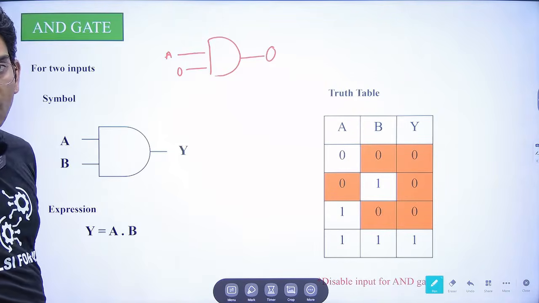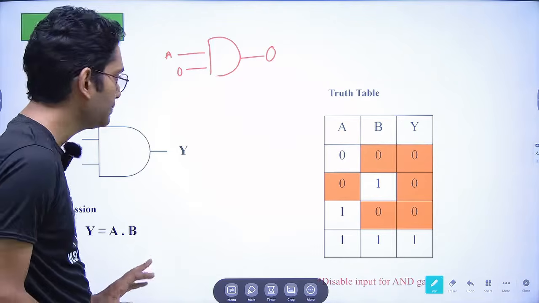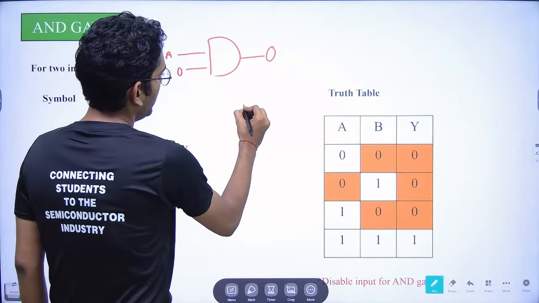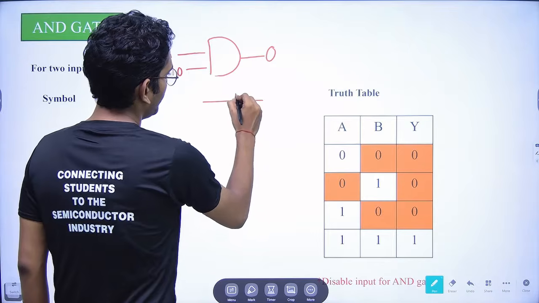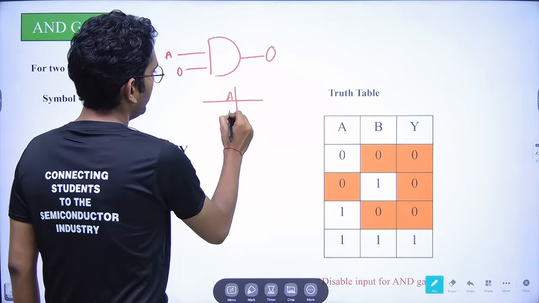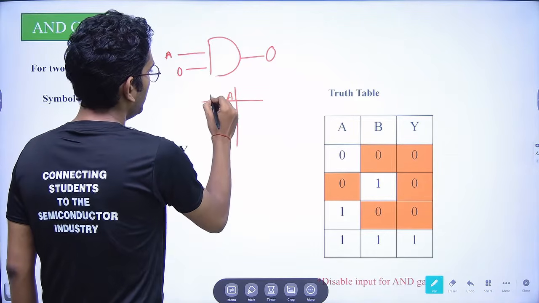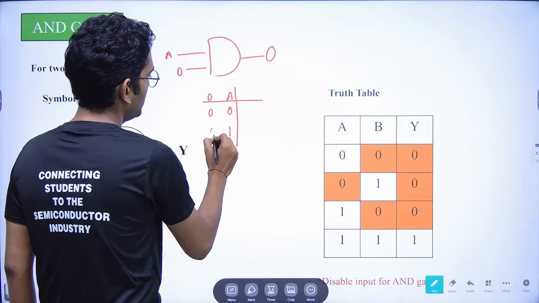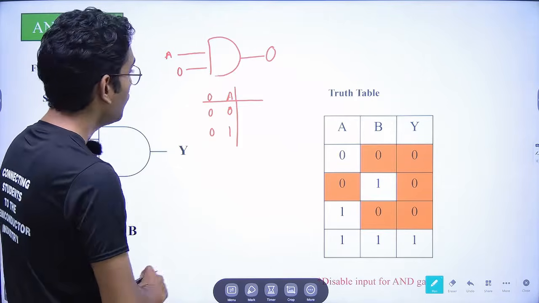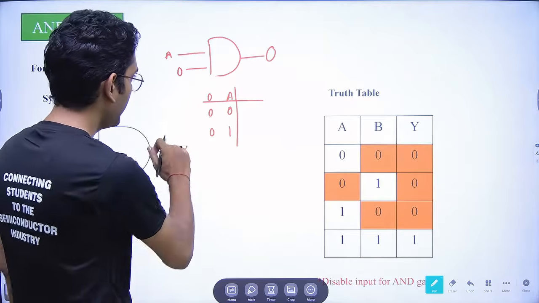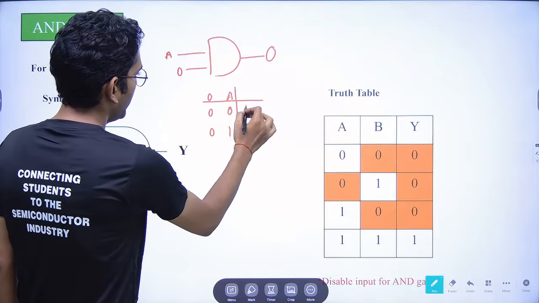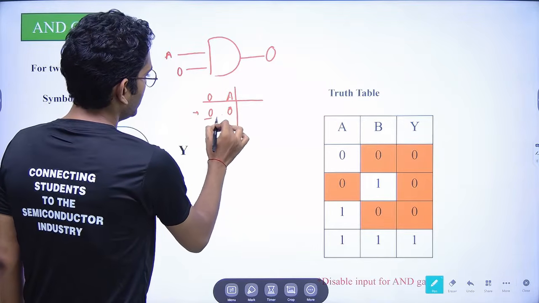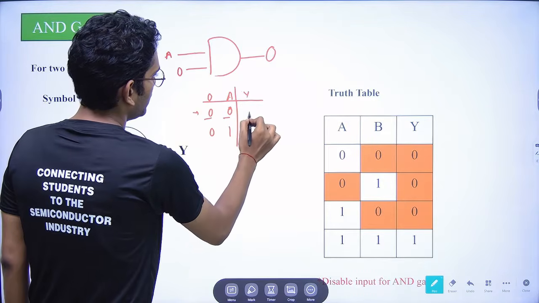So how does this happen, I will tell you. One of the inputs is 0. I am taking A. For A there will be 0 and 1 available, and for 0 it would be 0 and 0. So what we have understood is, in the AND gate, if any of the inputs is 0, it will give the output as 0. Here this is 0, this is 0, so the output will be 0.